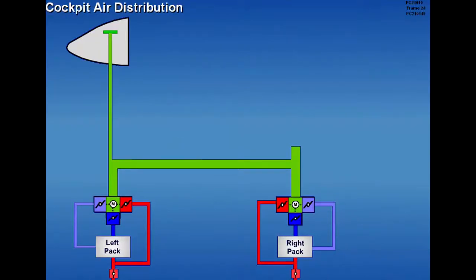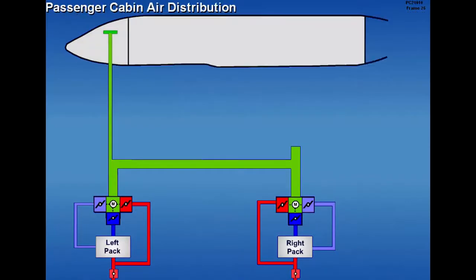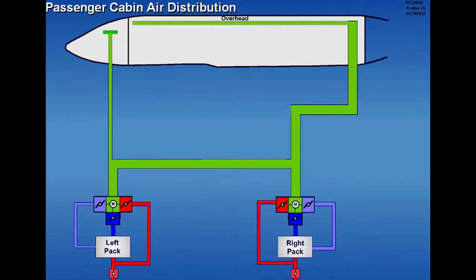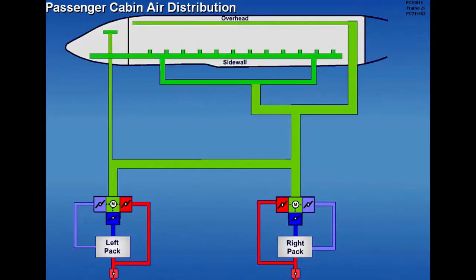Air enters the cockpit through overhead, windshield, and foot air outlets. Air enters the passenger cabin through overhead and sidewall vents. Two distribution valves adjust airflow between these vents.